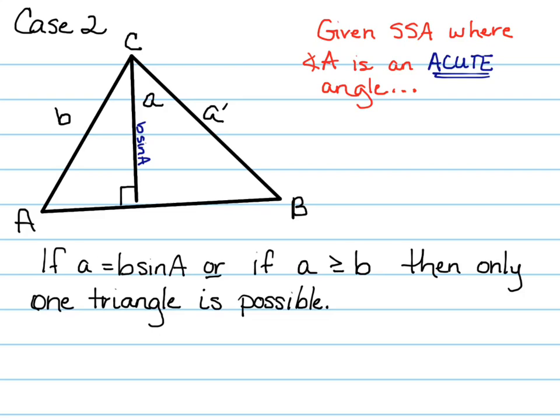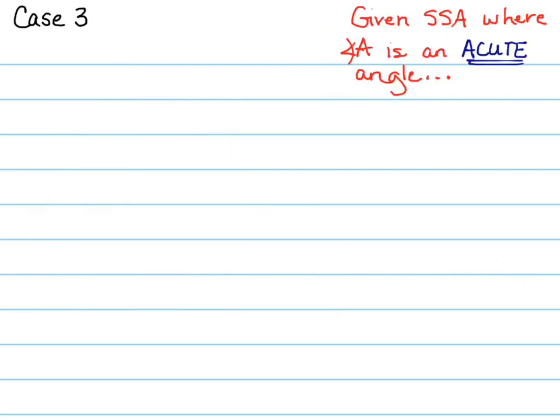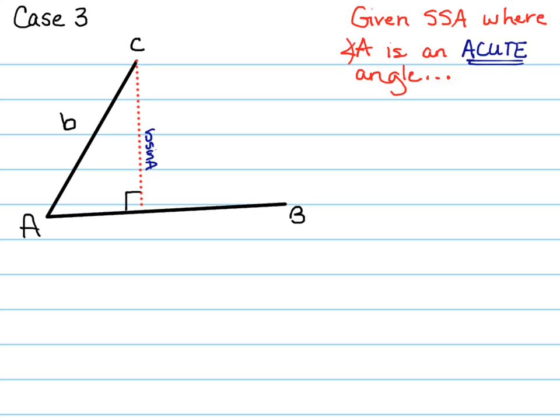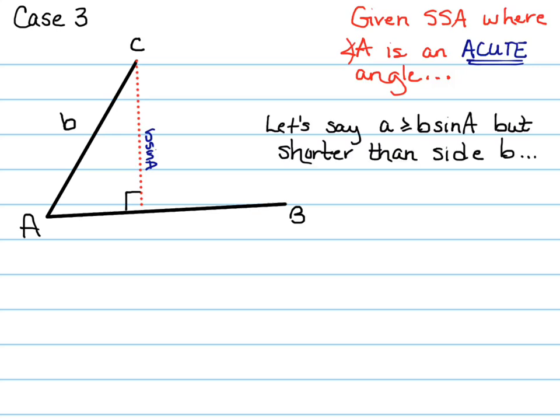So now let's take a look at the third case, which is oftentimes the most complex case. Again, the same triangle. This time, however, A is not the shortest piece, and it's not the longest side either. It's right there in the middle. So we would say that B sine A, the height, is the shortest, and side B is the longest, with side A being in the middle. So this is a one case scenario that can occur if side A is in the middle.